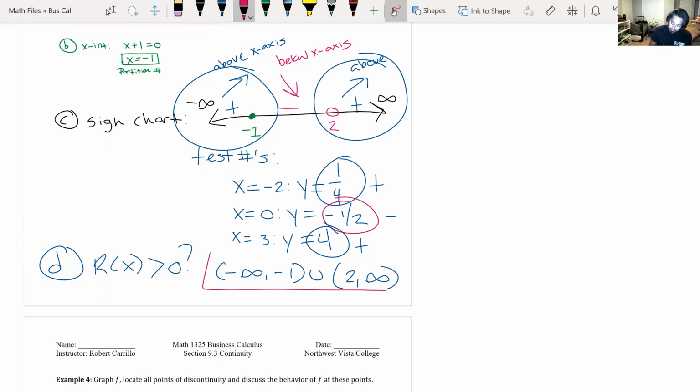And this is our answer. On these specific intervals, the y values are above the x-axis. So no matter what number you choose between negative infinity and negative 1 and 2 to infinity, the y values will always be above the x-axis.